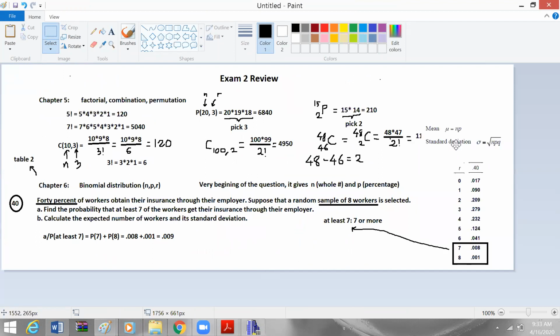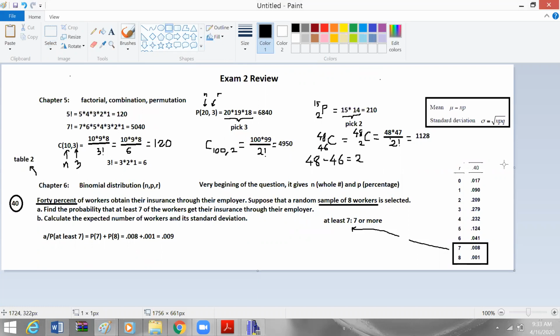Okay, so these are the formulas, chapter 6 formulas. I'm going to box them, making sure that we continue using that on this part. So this is chapter 6.